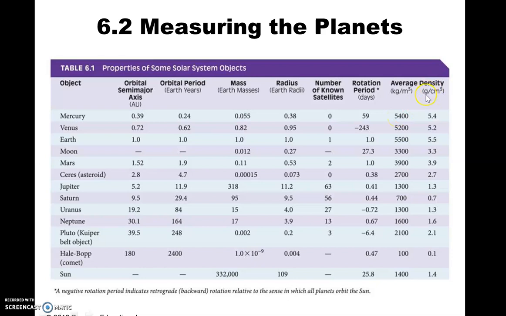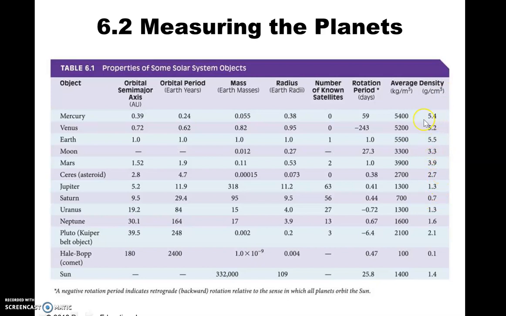But these are the typical units used in astronomy and chemistry and physics as far as density goes. And the reason for that is the density of liquid water is 1 gram per cubic centimeter. And so it's very convenient to compare the density of these various planets to the density of liquid water.